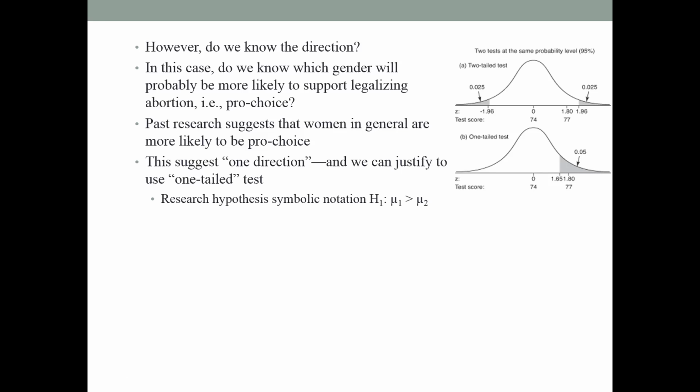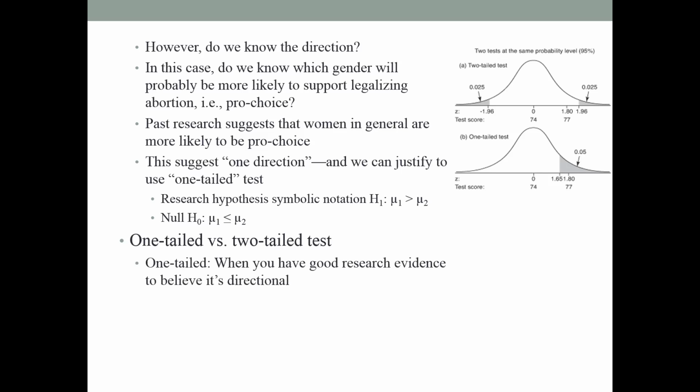And for the research hypothesis, the symbolic notation will be like this: mu1 bigger than mu2. You are indicating the direction. And the null hypothesis will be mu1 less than or equal to mu2. That means even if it is very, very less, very extreme on this side, you still cannot say it's significant.